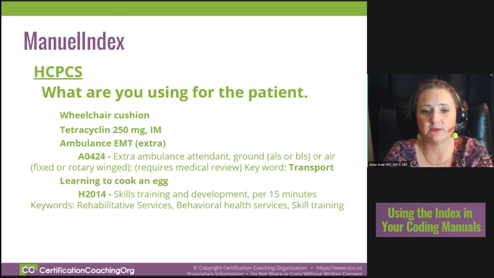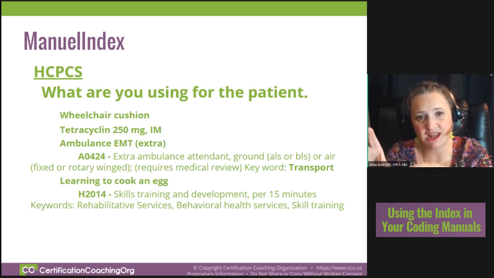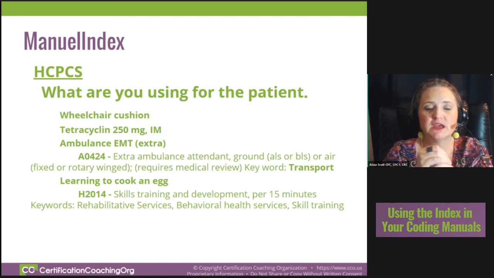So what are you going to look up? Cushion or wheelchair? Well, actually, you could look up either one. But you're going to look up cushion, and then it's going to say what kind, wheelchair. Pretty easy. And the wheelchair cushions come in more than one size. So you have to make sure you get the code for the right one. Is it a 10-inch or is it an 8-inch wheelchair cushion?